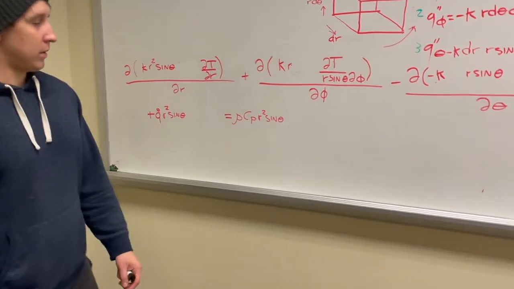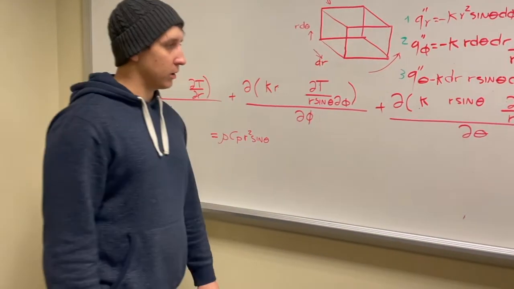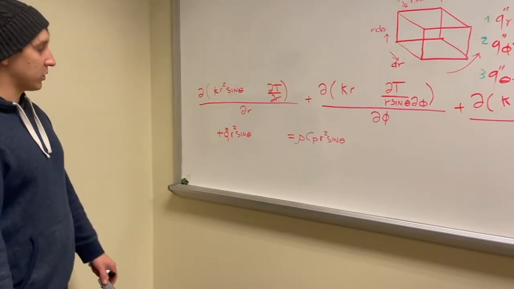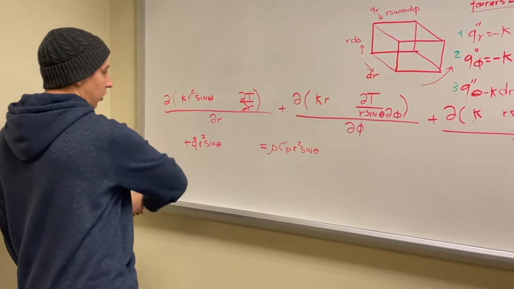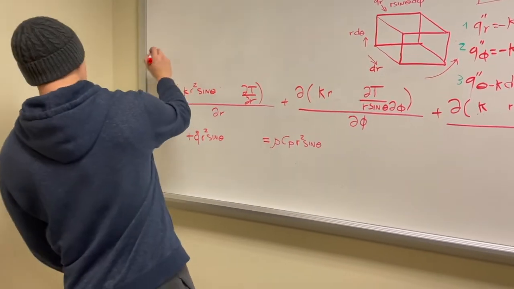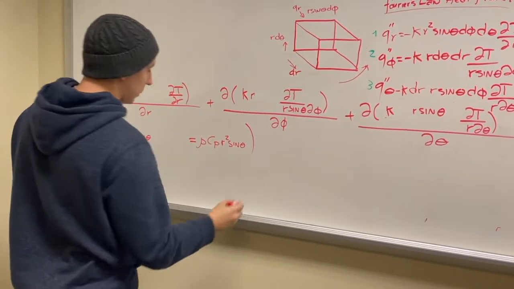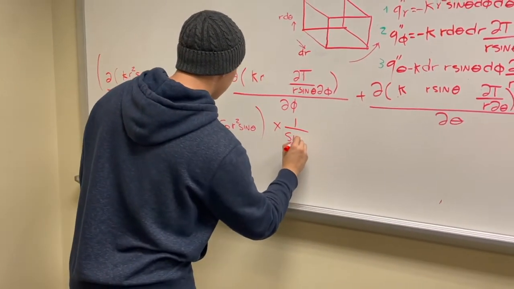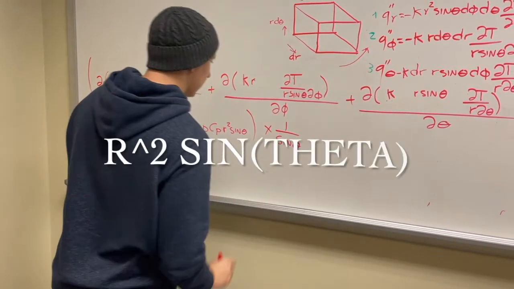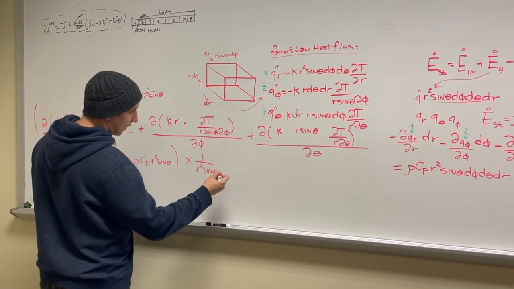And as you can see, things have definitely gotten a lot more simple from here. All we would have to do at this point is divide, or should I say multiply, the whole equation, if I were to write a big parentheses right here and all the way over here, and multiply the whole entire thing by 1 over r squared sine of theta.